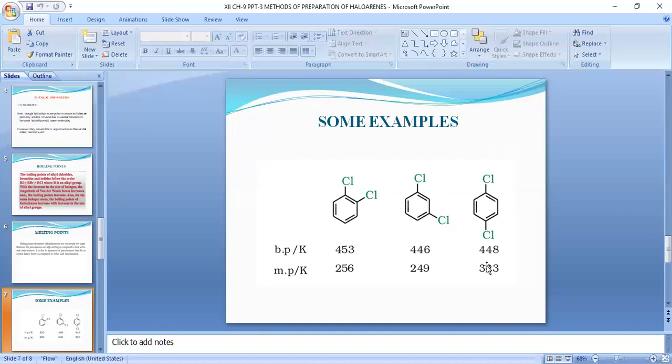Why? Because the para dichlorobenzene has a symmetrical arrangement which is providing extra stability to the dihaloarene. So with this we have finished the physical properties of haloalkanes and haloarenes.